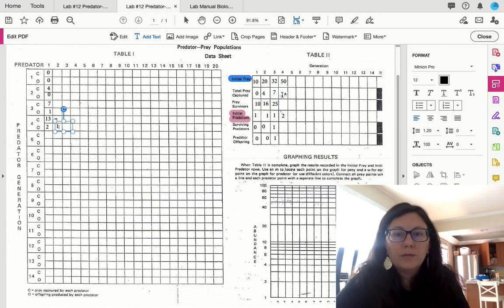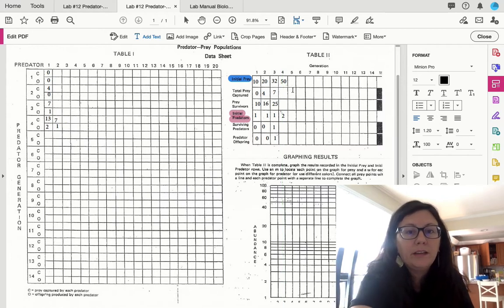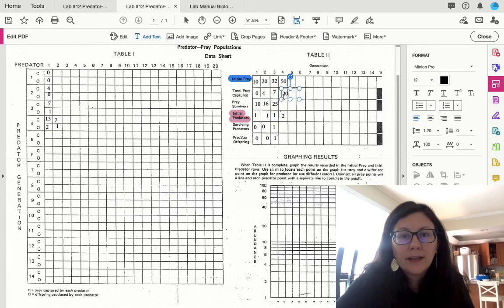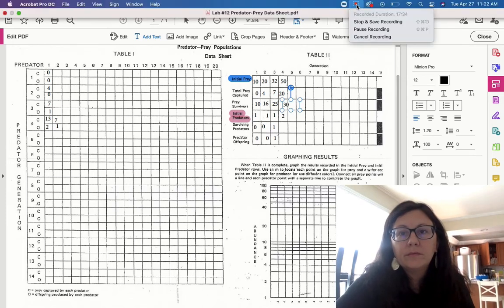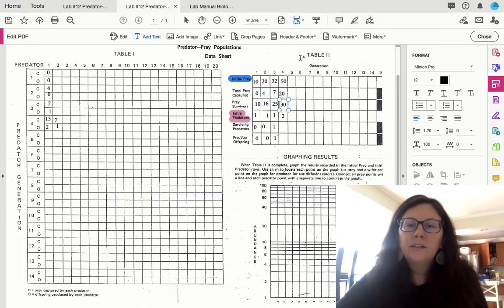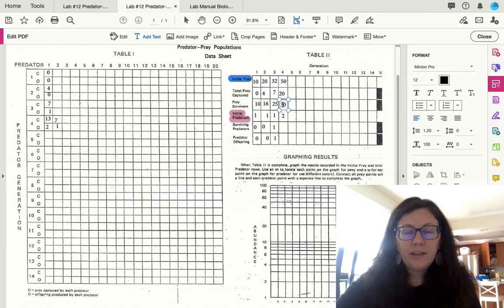So over here, the total prey captured is 13 plus 7, so 20 prey are captured. The prey survivors is 50 minus 20, which is 30. So there are 30 surviving mice after the weasels captured their collective 20.